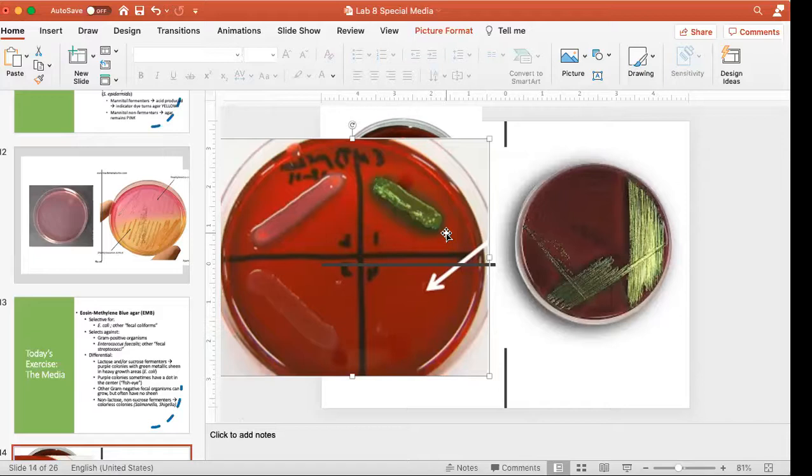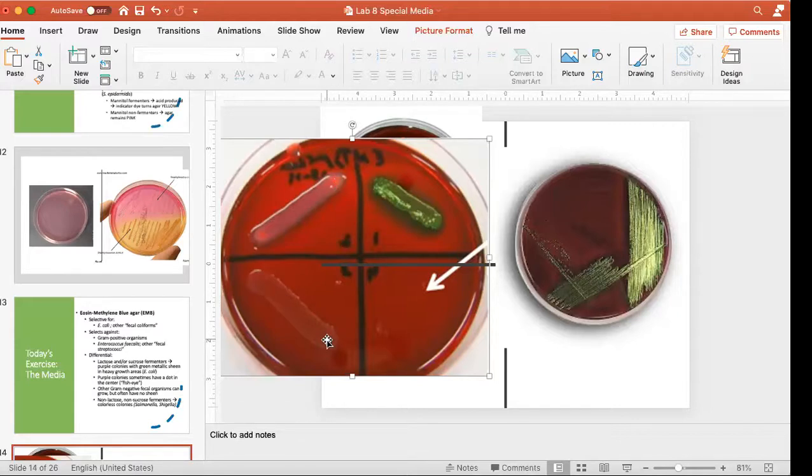There are other gram-negative fecal bacteria that will grow on this plate, though, and they'll grow like this. If they can ferment lactose or sucrose, they will be purple, but they won't have that green color associated with them. So any gram-negative intestinal or fecal bacteria that can ferment lactose or sucrose or both will be this sort of light purple lavender color when it grows on EMB.